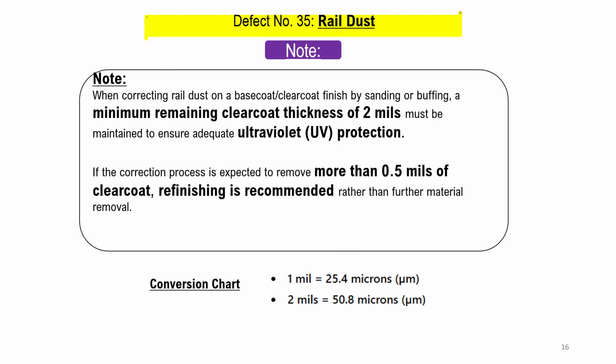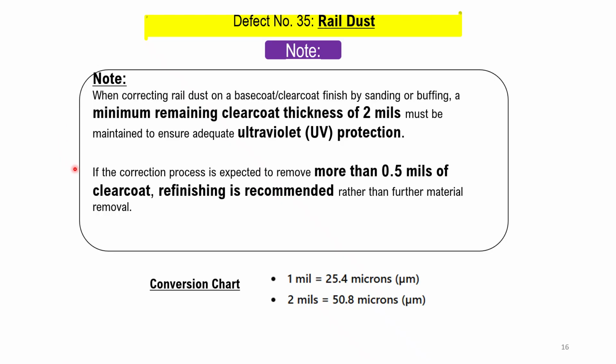There is a special note regarding rail dust. When correcting rail dust on base coat, apply clear coat finish by sanding or buffing. A minimum remaining clear coat thickness of 2 mils, that is about 50 microns, must be maintained to ensure adequate ultraviolet protection.